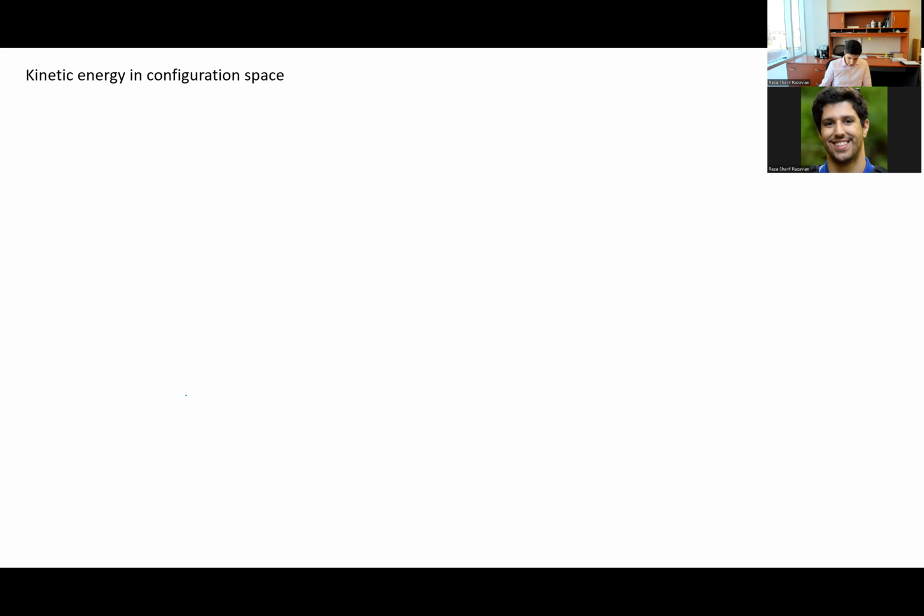To do that, let's consider a system of n particles. And that's in 3D, so in that, I will have 3n Cartesian coordinates. And let's also take the system to have n generalized coordinates.